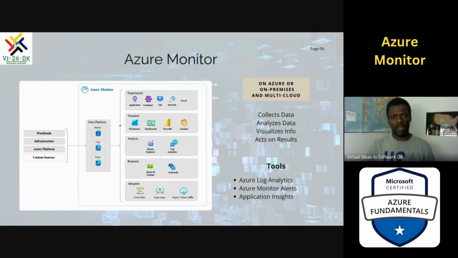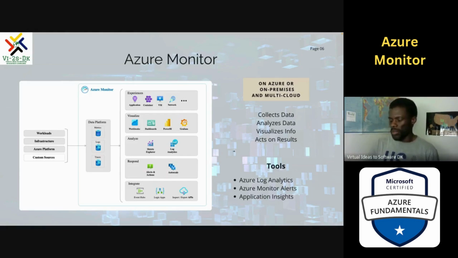Based on that, you can get the different experiences visualized in a dashboard, maybe depending on how you want to do it. Analyze it, come up with some business decisions, and then maybe notify via email or text message a particular team that needs to be notified. Or you can auto scale. If you need more instances of the resource, then you can go ahead and create those. And then finally go ahead and integrate that in your logic apps. All right.